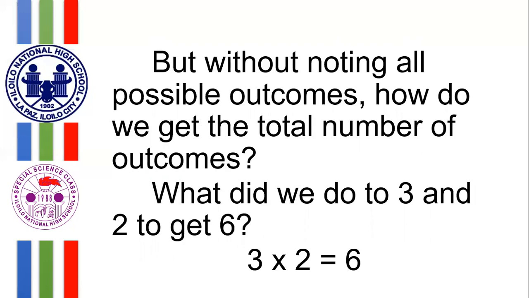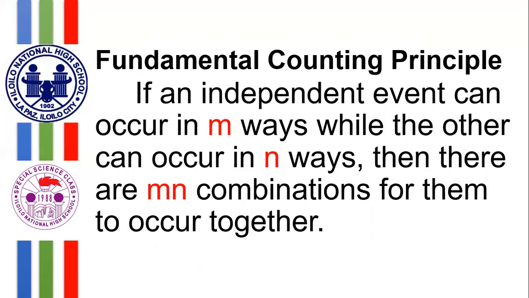With that, without actually listing everything, we could determine the total number of outcomes using what we call the fundamental counting principle. This principle states that if an independent event can occur in m ways, while the other can occur in n ways, then there are mn combinations for them to occur together.